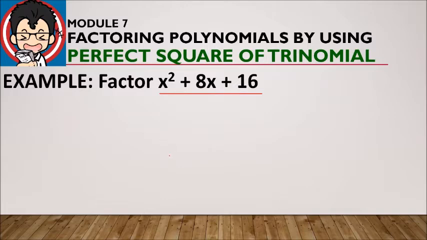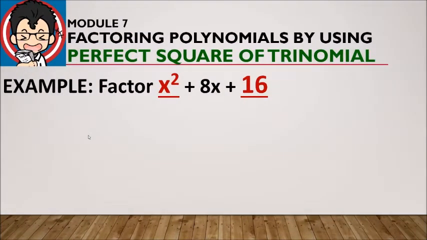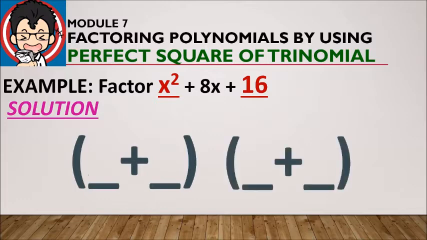So, paano ba natin kukunin yung factors nito? Tulad ng ginawa natin kanina sa difference between two squares, it would be better, mas magiging madali, kung may nakaready na tayong dalawang binomials. Pero blanco pa. Both expressed as a sum since, positive or puro addition, nasa perfect square of trinomial natin.